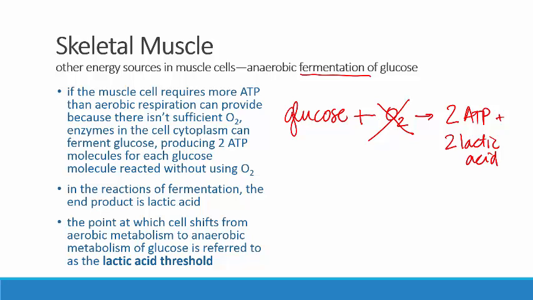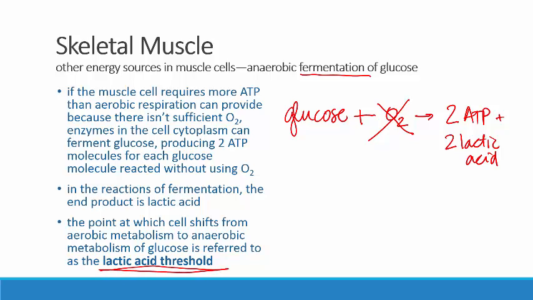And so lactic acid begins to build up in the muscle cell as we do this anaerobic respiration or fermentation process. So the point at which oxygen becomes limiting in the cell, and the cell shifts from doing aerobic respiration to doing anaerobic respiration, or without oxygen respiration, is referred to as the lactic acid threshold.